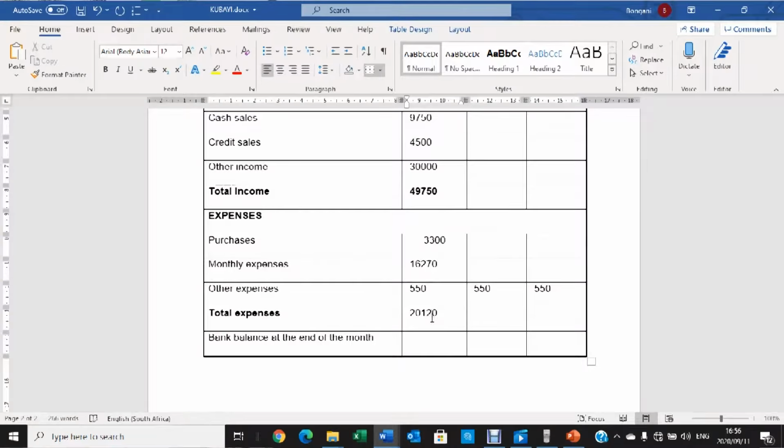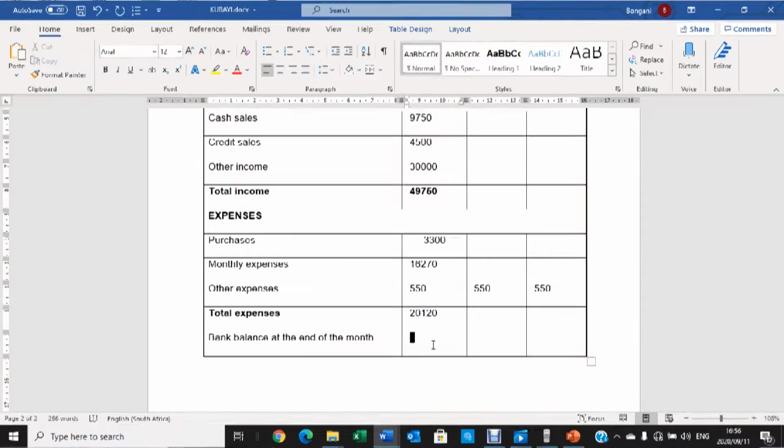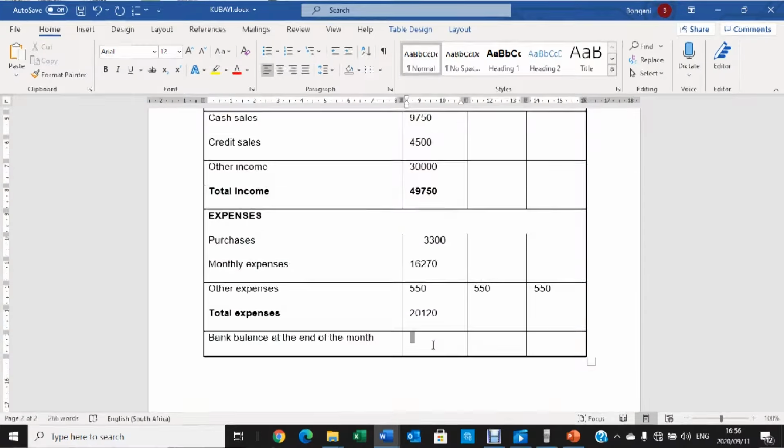20,120. Yes, 20,120. And then in order for us to calculate the balance at the end of the month, we are going to take the total income, which is 49,750, and subtract total expenses, which it is 20,120. It is going to give us our balance at the end of the month, which it is 29,630.